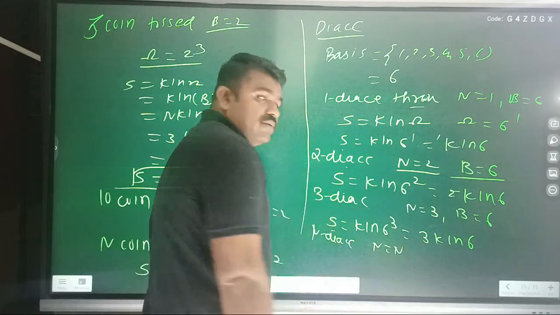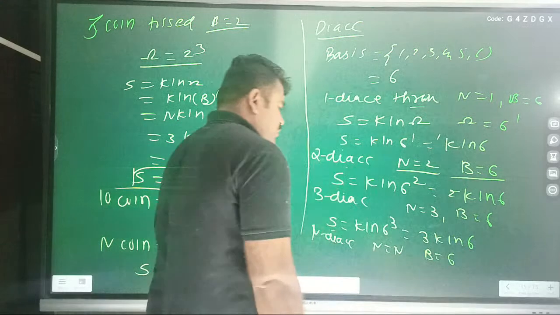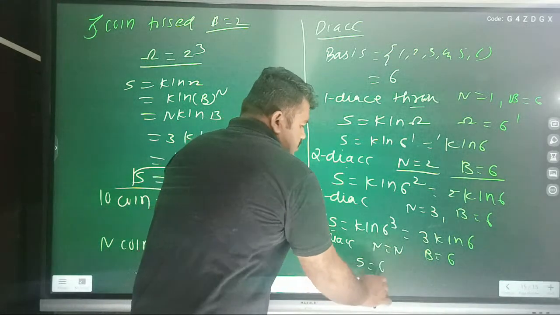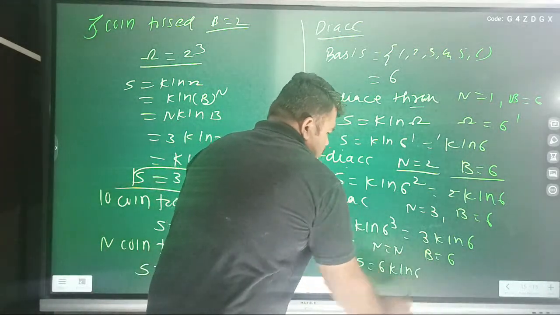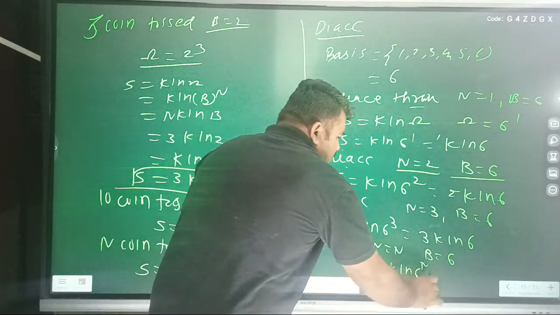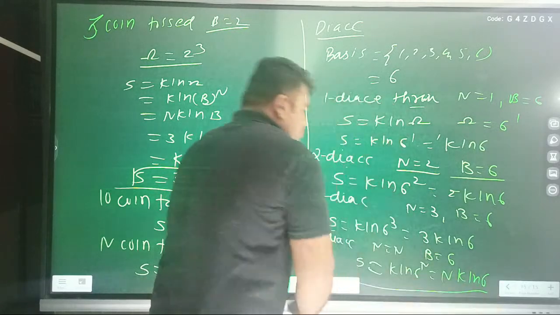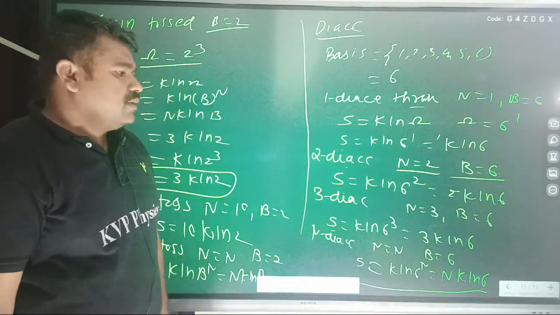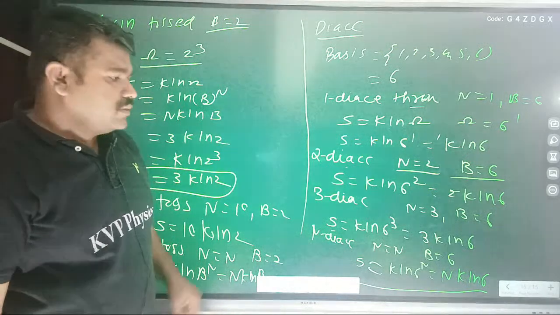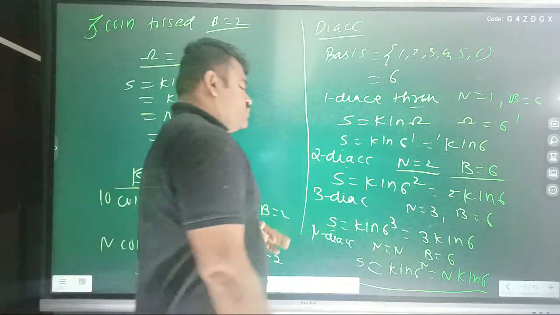Number of particles is equal to n, and the basis will be the same, 6. So entropy S is equal to k ln 6 to the power n, which means n k ln 6. This is the entropy for this system. The system is dice.